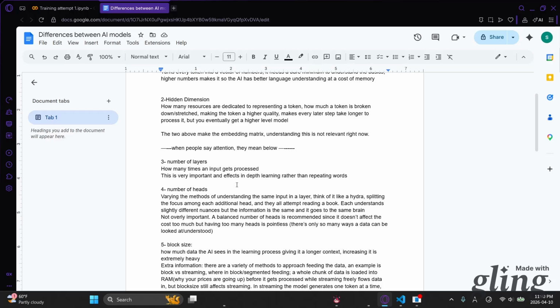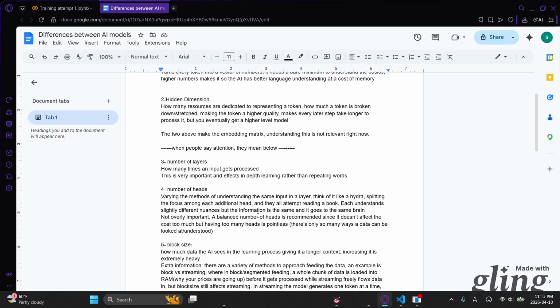The number of heads. Explaining this is a little complicated. I have come up with an analogy that I hope is easy to understand, but it is not entirely important. This is basically how the information is processed. So imagine multiple heads attached to the same body, and they're all reading a book.